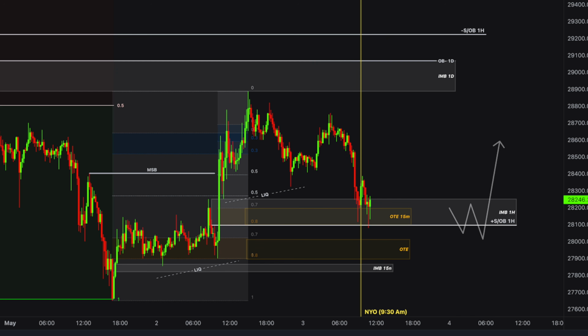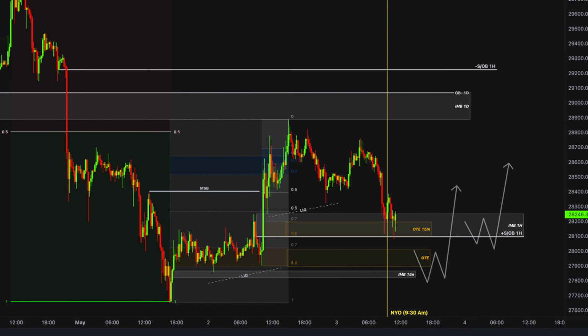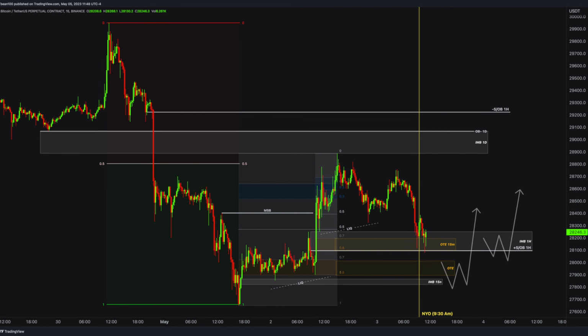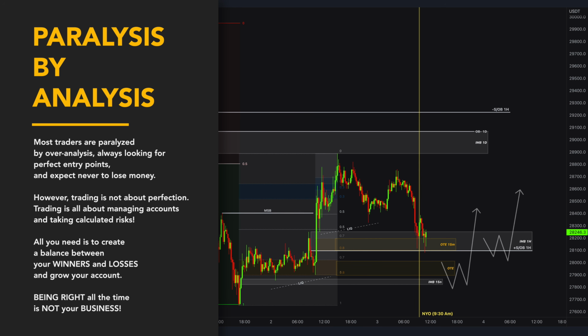Now, I have two possible reaction zones. Which one will work? What do you think? Personally, I have no idea. Actually, I do not need an idea. Remember, trading is not about knowing or being right. Trading is all about managing your account and taking calculated risks.